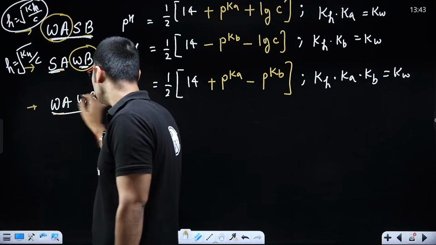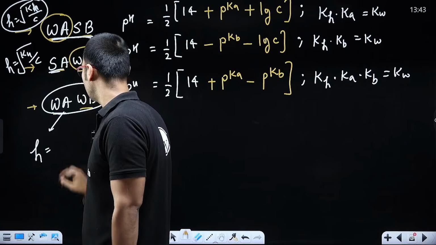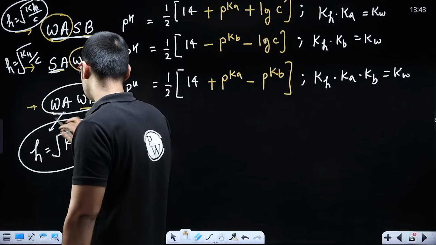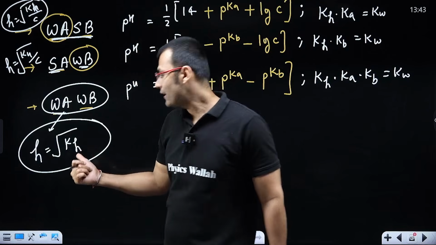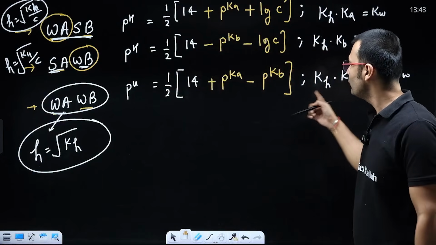But in case of weak acid, weak base, the degree of hydrolysis will come out simply as under root of Kh. So here you won't have the concentration term. And because here the degree of hydrolysis is under root of Kh, that's why in the final pH formula you don't have the log C term.